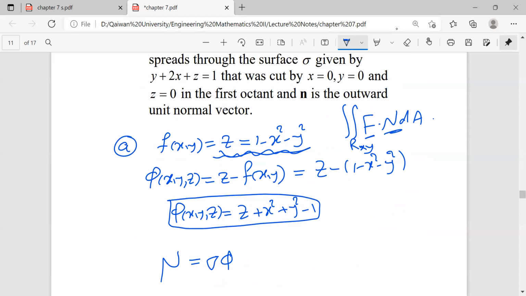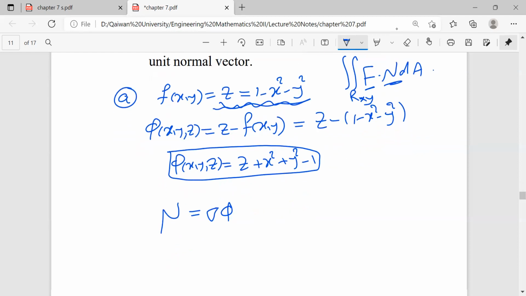To find the gradient of a function, it equals the partial derivative of the function with respect to x times i, plus the partial derivative with respect to y times j, plus the partial derivative with respect to z times k.